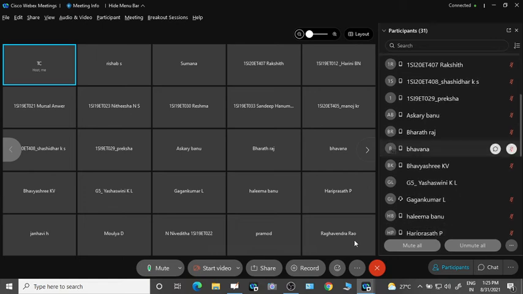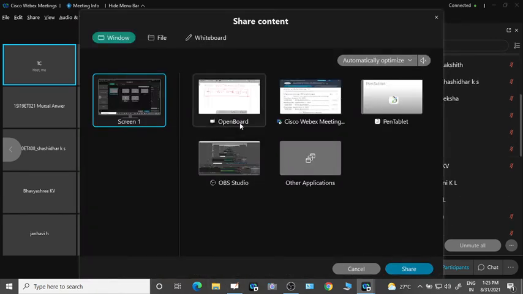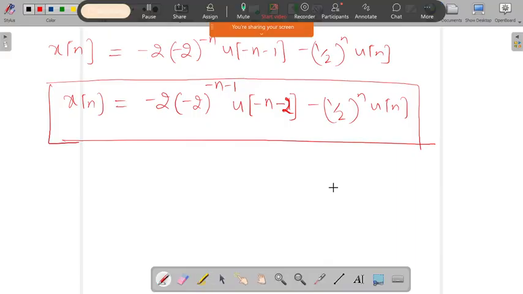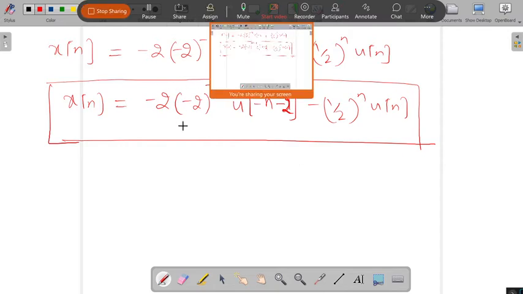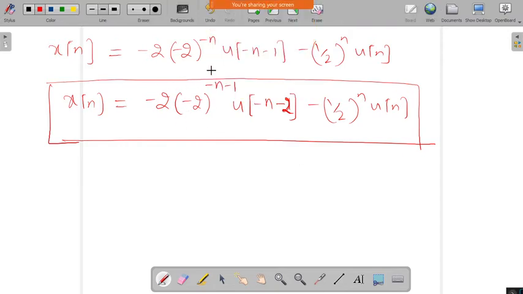Yes, sir. So that is how we need to do. You can explain again, sir. This one? In previous step, it was minus n minus 1, sir. Yeah, so here what will happen, the resultant or whatever x of z we have, that is 2 by 1 plus 2z inverse minus 1 over 1 minus half z inverse, right?